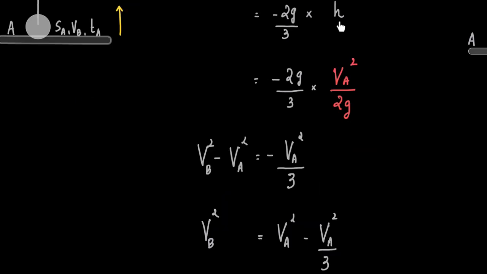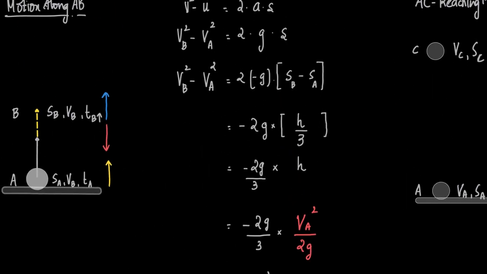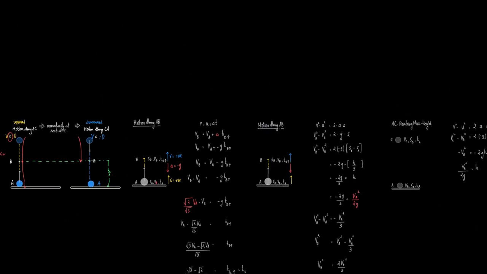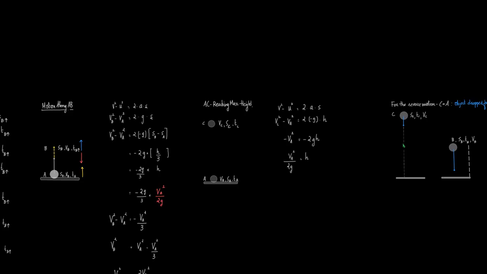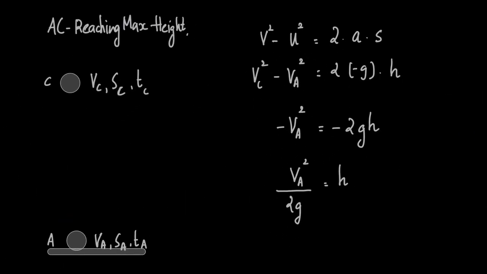But what is h? To understand h, we need to come to the maximum height AC. So when the object is projected from A, it reaches the maximum height where it is momentarily at rest. And since it is momentarily at rest, the corresponding velocity Vc would be equal to 0.